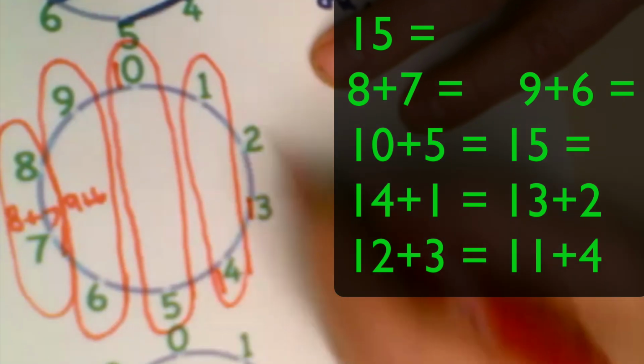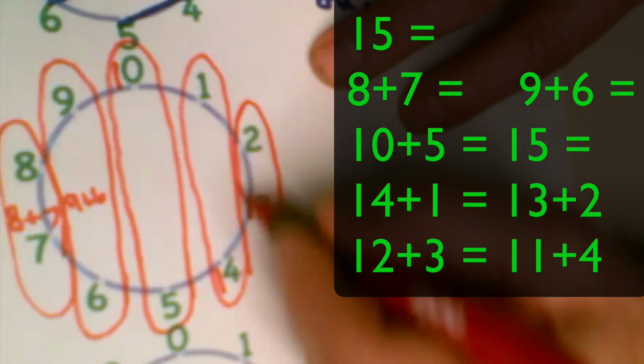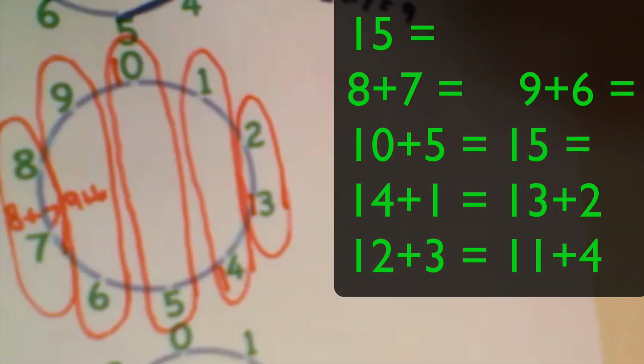And you can see you could also do 12 and 3 too, right? Yeah. You can add that 1 to either one of them. Look at that, all those facts. And they all add up to how much? 15.